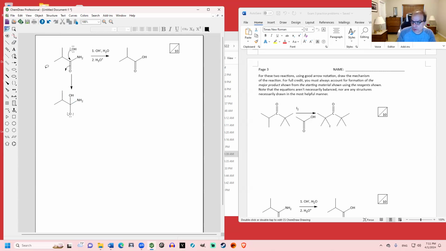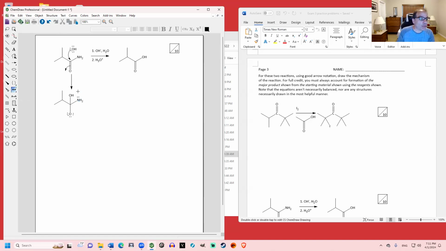And so if you learn the mechanism for alkaline hydrolysis of a nitrile, you automatically learn the mechanism for alkaline hydrolysis of an amide. And likewise, if you learn the mechanism for acidic hydrolysis of a nitrile, you automatically learn the mechanism for acidic hydrolysis of an amide. It's included in those mechanisms. So you don't have to learn it separately if you learn the mechanisms for nitriles. So this is going to be the intermediate that you get.